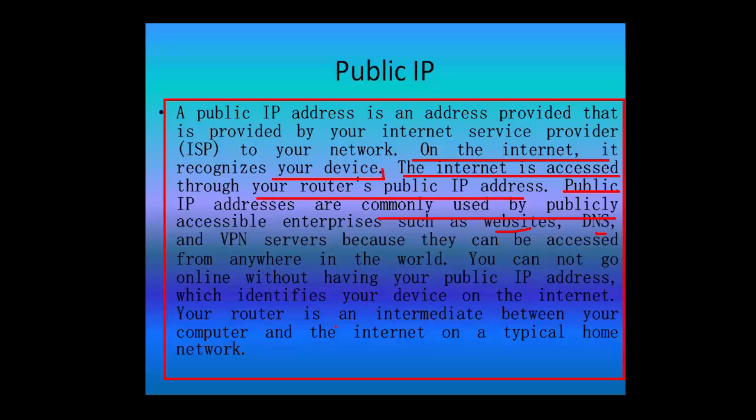Your router is an intermediary between your computer and the internet on a typical home network. If you take an internet connection at your home, in that case also whatever router or modem the ISP provides will have one public IP, and from there you can connect to your internal devices using your private IPs.